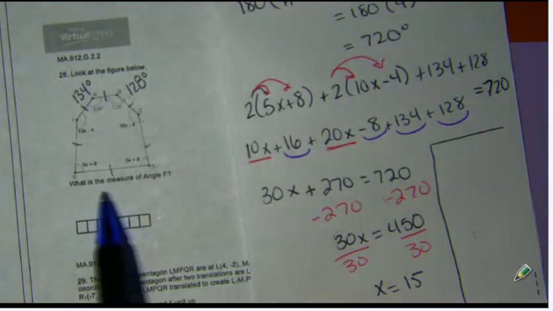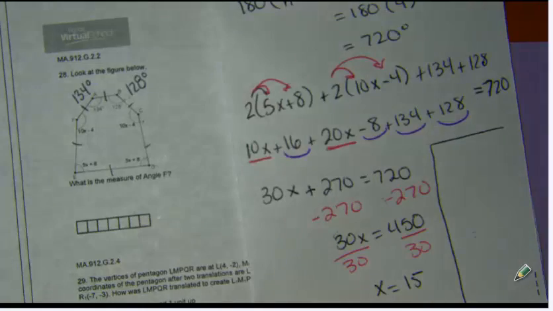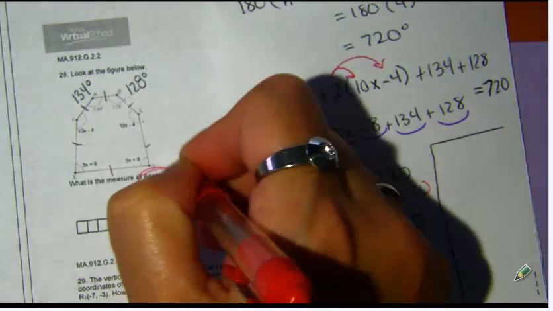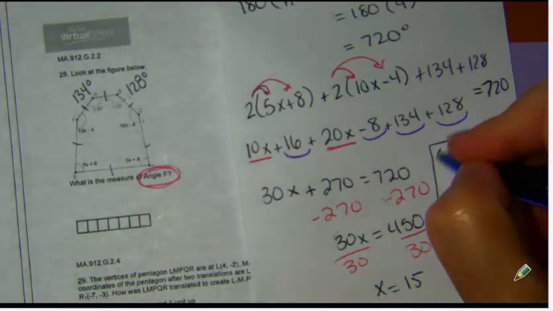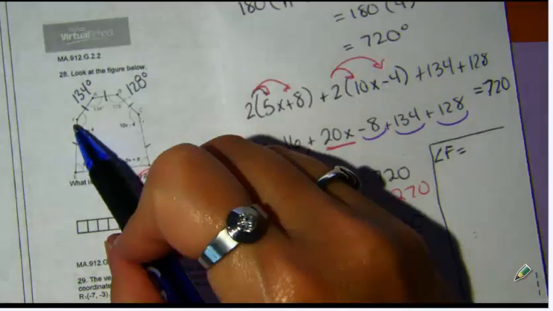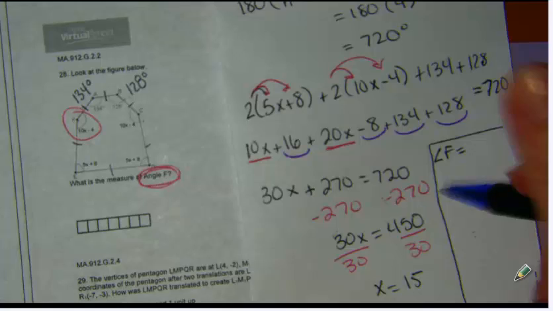The question though was not what is x. Be really careful with that. The question is what is the measure of angle F? And angle F is right here, 10x minus 4.